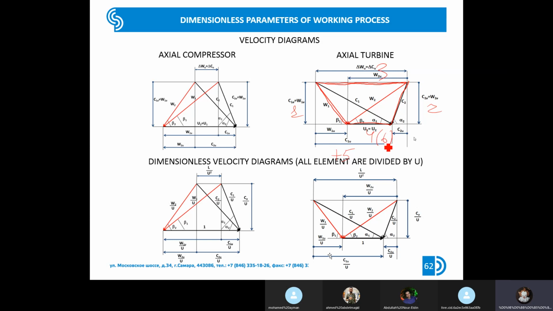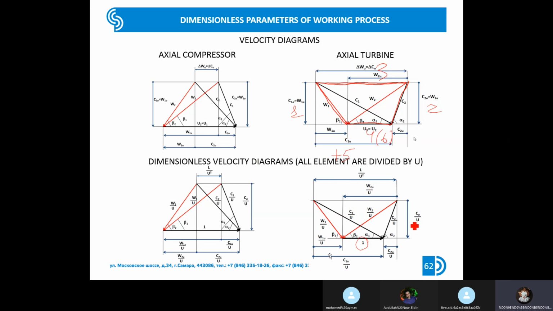That's why we need 6 parameters. If we divide all parameters by U, the lower base will always be equal to 1. And it's very convenient because we eliminate one variable parameter. We reduce the number of independent parameters.